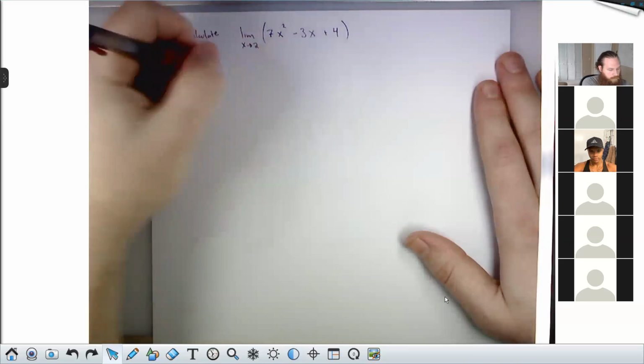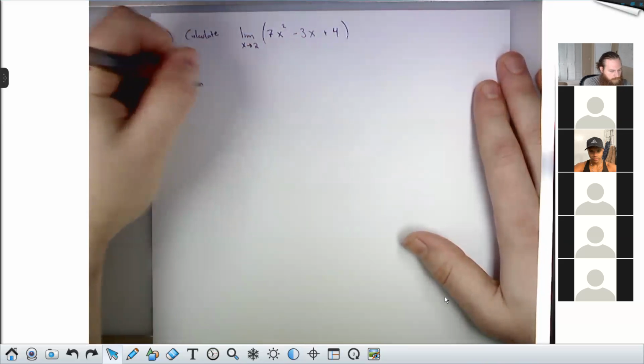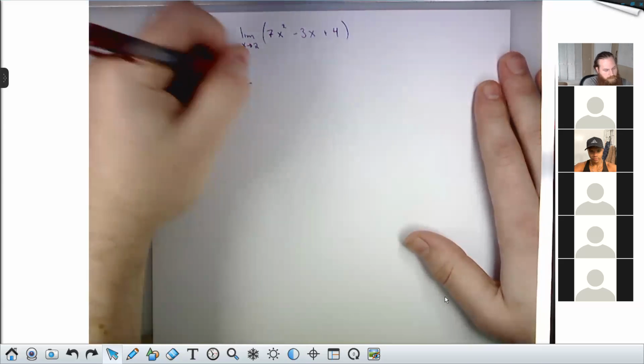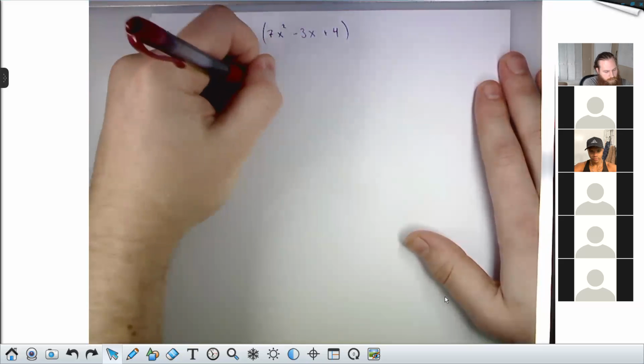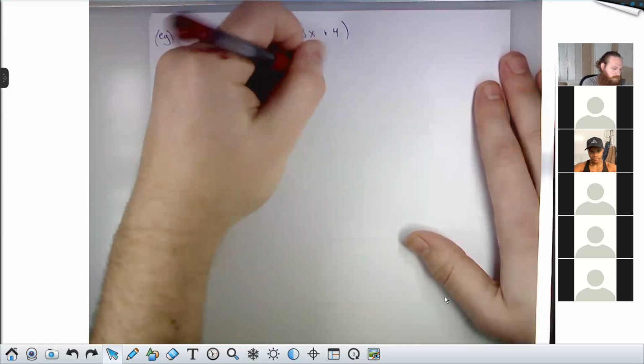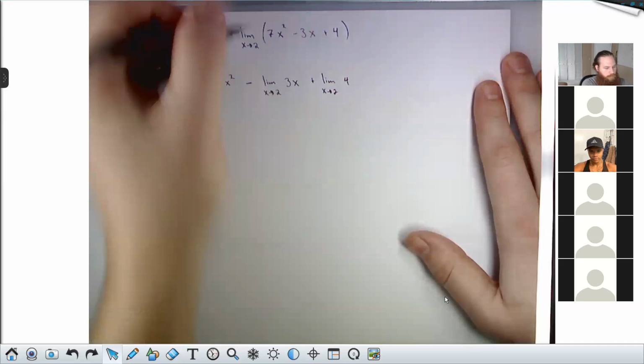We could approach this first by splitting it up and saying, okay, well, this is the limit as x approaches 2 of 7x squared minus the limit as x approaches 2 of 3x plus the limit as x approaches 2 of 4.